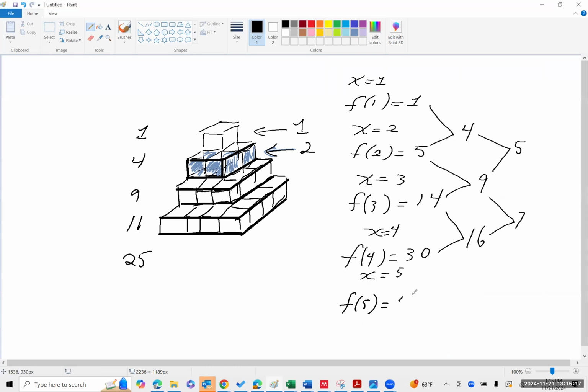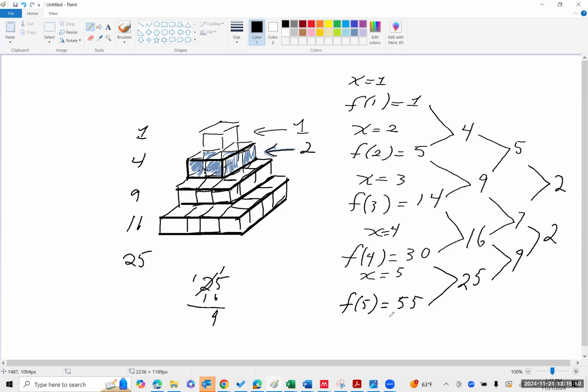So this is going to be 55. So the first difference is going to be 25 minus 16, which is 9. Now, the third difference, 7 minus 5 is 2, 9 minus 7 is 2.